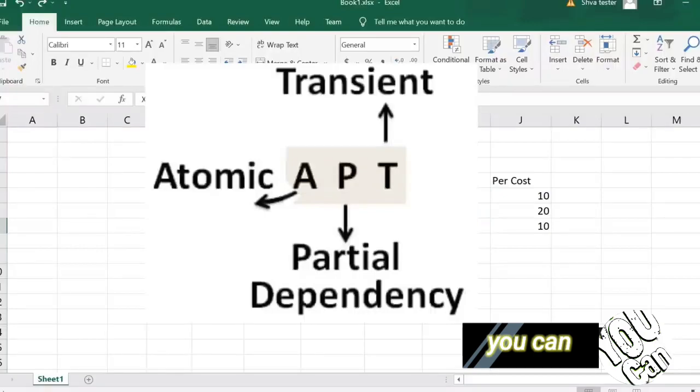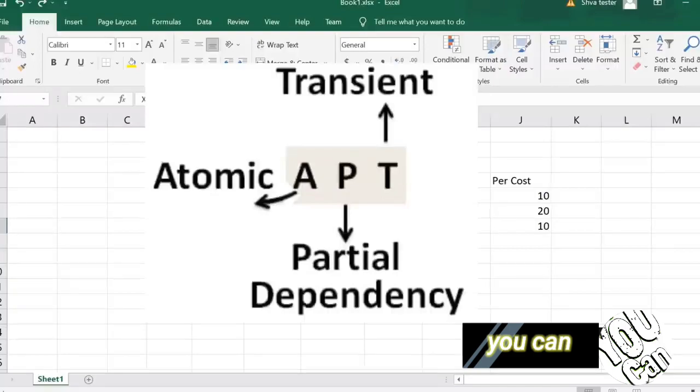It is apt to use APT to get a job. Everything is fair in getting a job and war, right? So remember this word APT, and always remember that for such kind of questions, these words like transient, partial dependency, atomic, non-repeating groups, anomalies, it's very difficult to remember them. So I would suggest, please go ahead, put down your answers in an Excel or in a Word document, and just revise them.